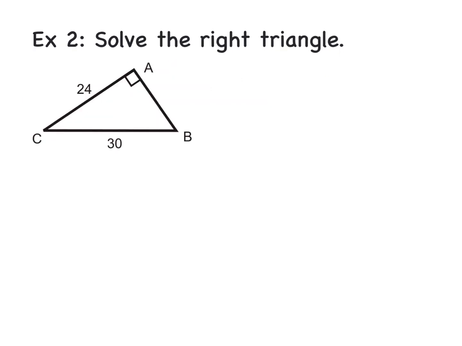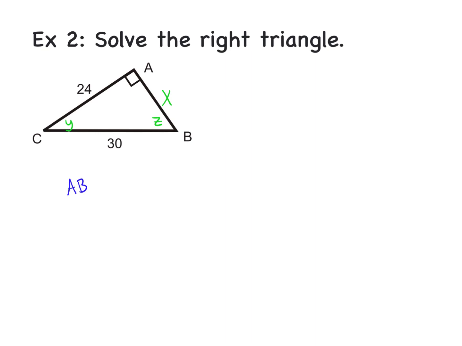So right now, I'm going to label, I've got a missing side there, one missing side, AB. Then I got a missing angle. I'm going to call it Y and Z. How many missing sides do I have? 1. How many missing angles? 2. So let's make our answer box.